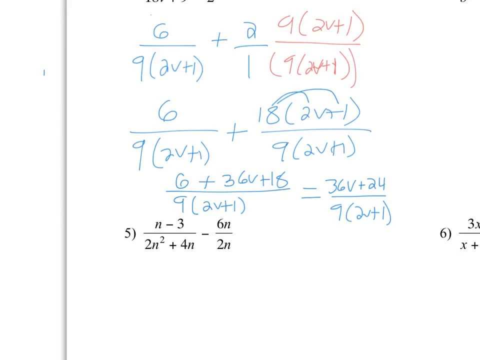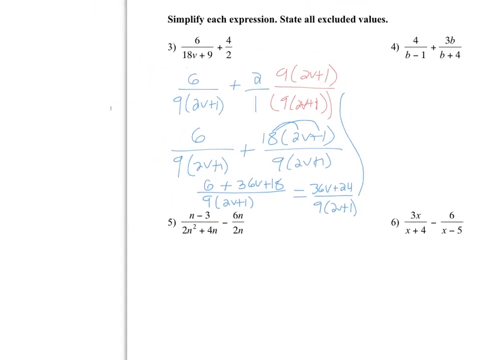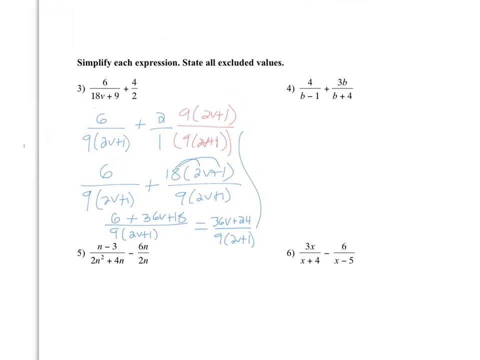It looks like I can factor out a 3 from the numerator, from the top of this fraction. I'm going to try and move my work up just a little bit so that I have more space. So 36 divided by 3 ends up being 3 times 12v, plus 24 divided by 3 is going to be 8, all of that over 9 times 2v plus 1.